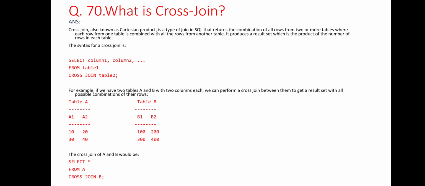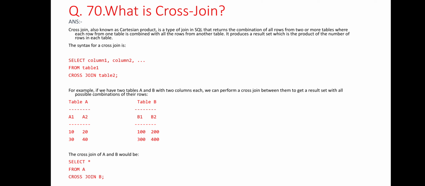For example, if we have two tables A and B with two columns each, we can perform a cross join between them to get a result set with all possible combinations of their rows. Table A: A1, A2. Table B: B1, B2.